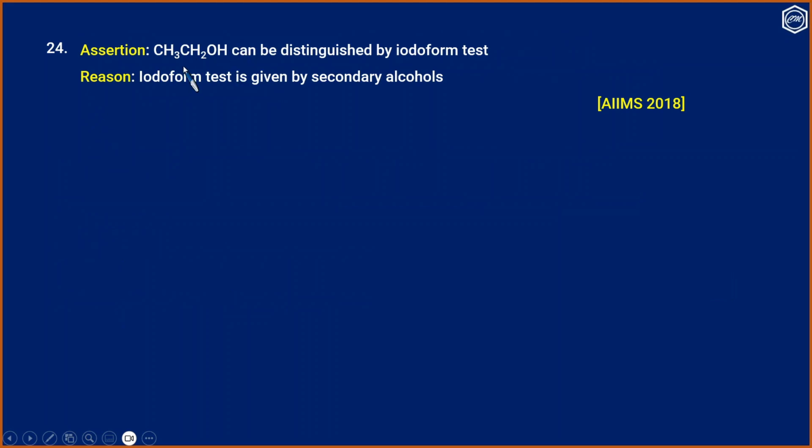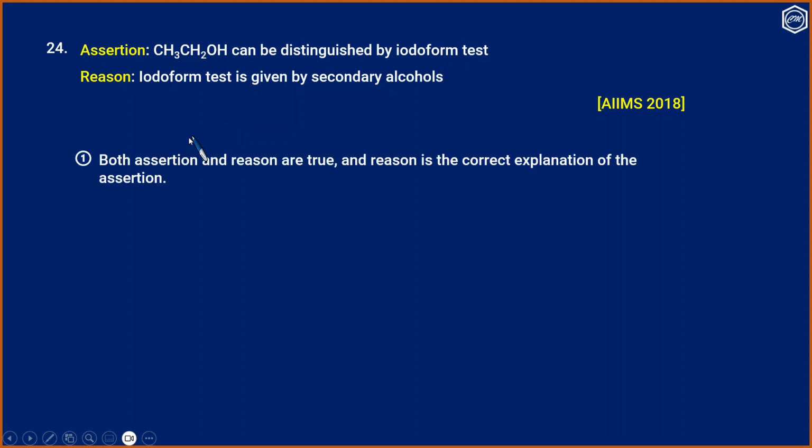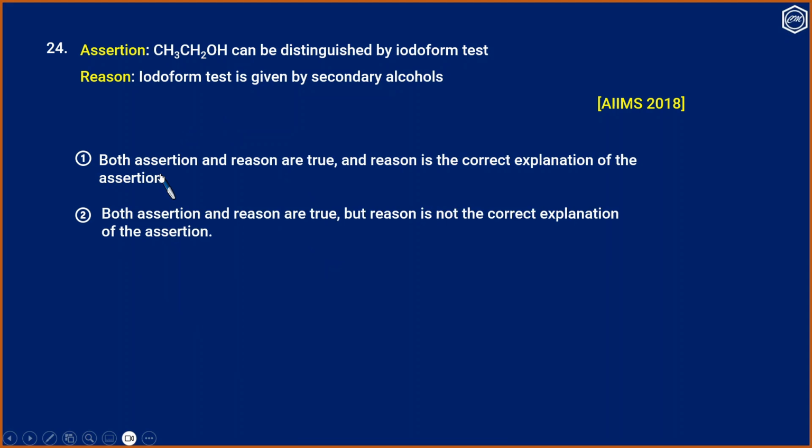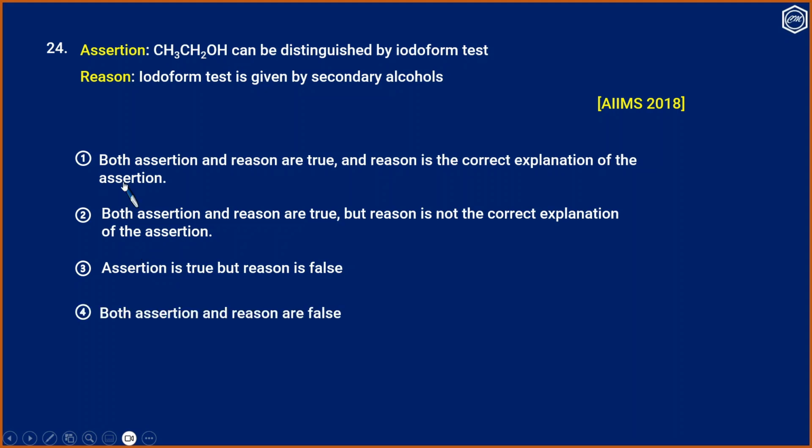Question 24. Ethanol can be distinguished by iodoform test. Then a reason: iodoform test is given by secondary alcohols. Option 1, option 2, option 3 and option 4. Here, ethanol can be distinguished by iodoform test.